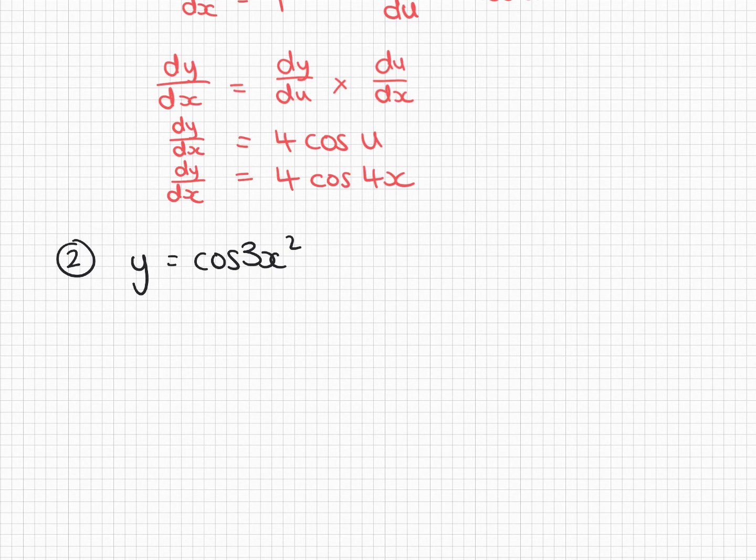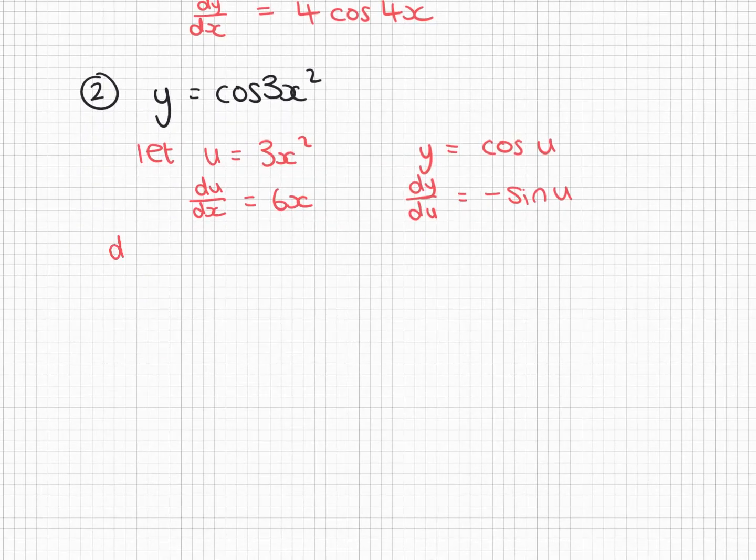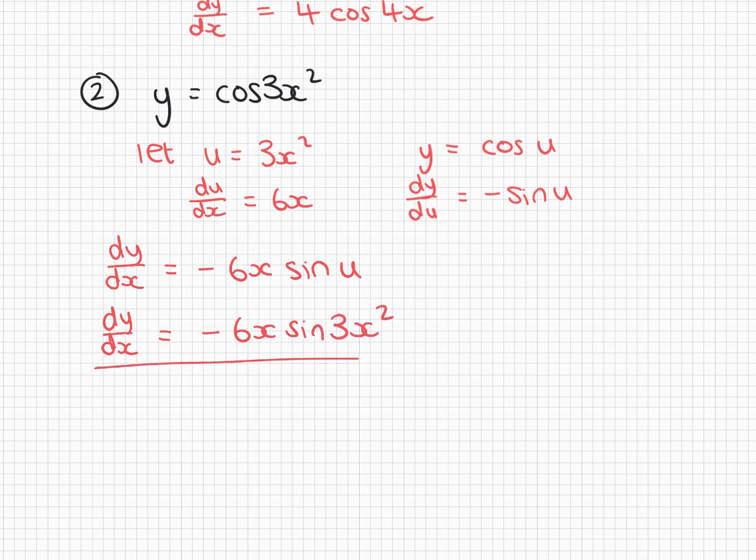We can say let u equal 3x squared, du by dx equals 6x, y will be cos u, dy by du, if we differentiate cos we get minus sine of u, and then dy by dx will simply be those two multiplied together. So it'll be minus 6x sine u, which is the same as minus 6x sine 3x squared for my answer.